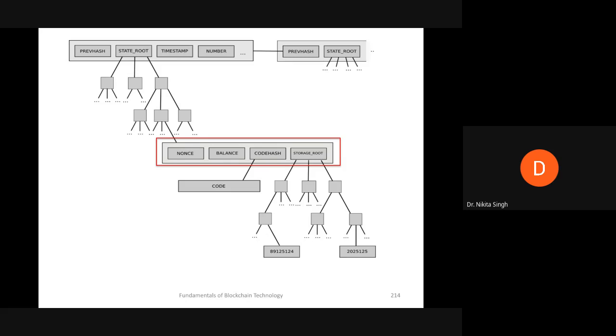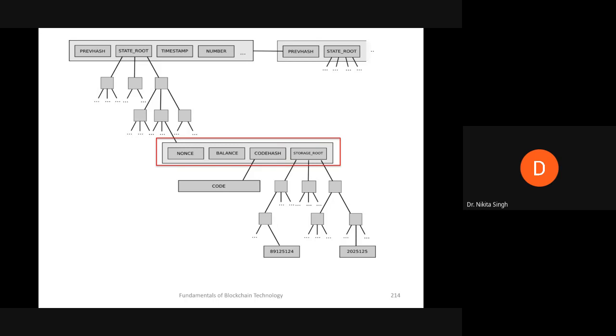Next we have is the storage root. An account in Ethereum has nonce, balance, storage root, and code hash. So what exactly do we mean by the storage root? The storage is where the data associated with the account is stored.